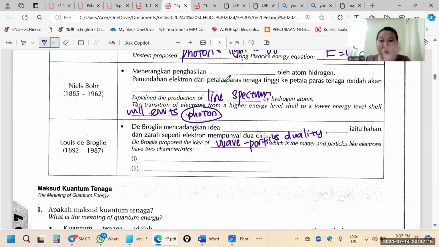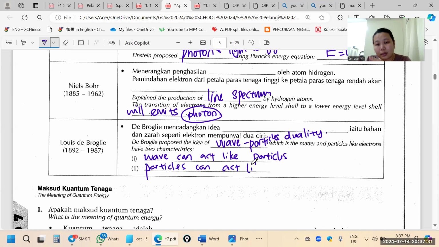It means waves can act like particles, and particles can act like waves.